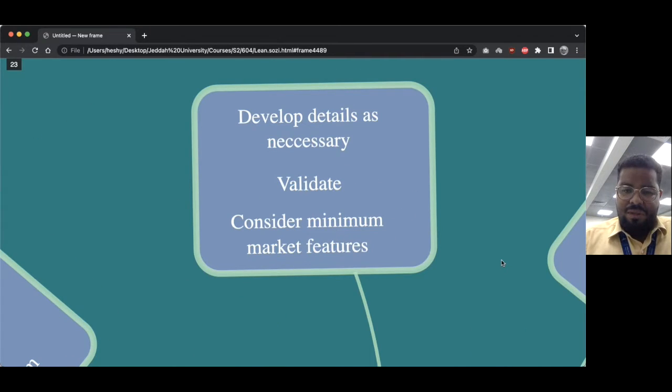We also have: do not go as deep as possible from the beginning, and continuously validate your results, and consider minimum market features that could push you into successful sales campaigns with the consideration of being different from the competitors.